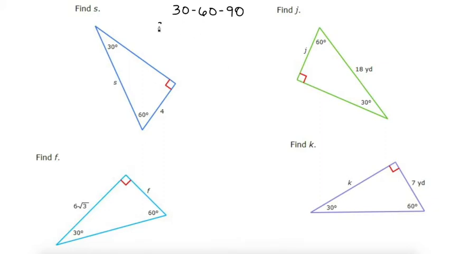And we know that the side lengths in a 30, 60, 90 triangle are always in the ratio 1 to root 3 to 2. And this is in order from shortest to longest. So this is the shorter leg, the longer leg, and then the hypotenuse. So the hypotenuse is twice as long as the short leg, and the long leg is the square root of 3 times the short leg.